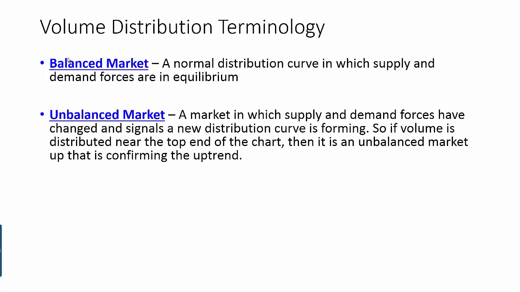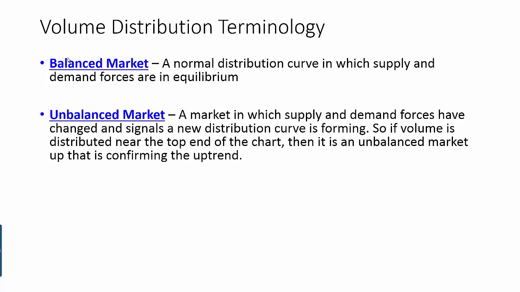On the other hand, makakita ka rin kasi ng mga instances na unbalanced yung stock or yung market, kung saan medyo sabog kung saan mo makikita yung mga volume bars mo within the volume distribution chart. Those are unbalanced market. But what you would like to see are unbalanced market that are confirming an uptrend, meaning yung large volume bars are located at the top end of the volume distribution chart.